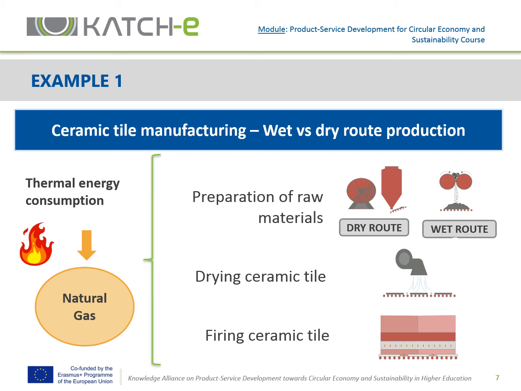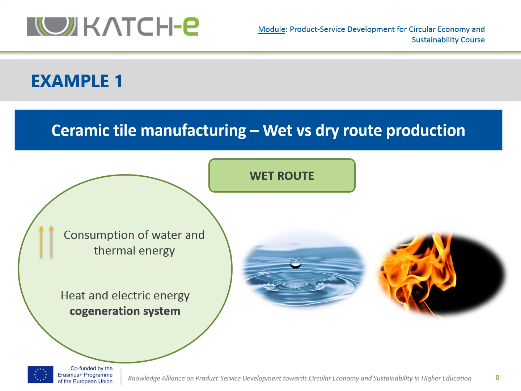We are going to focus on the preparation of raw materials. Here, there are 2 alternatives, the wet route and the dry route. The wet route is the most common option. In this process, the raw materials of the ceramic body are subjected to a milling process with water. After this, the mixture, called barbotine, passes through a spray dryer to obtain granules.